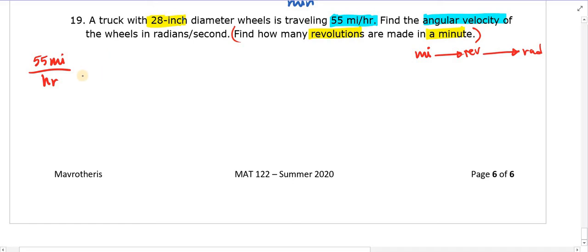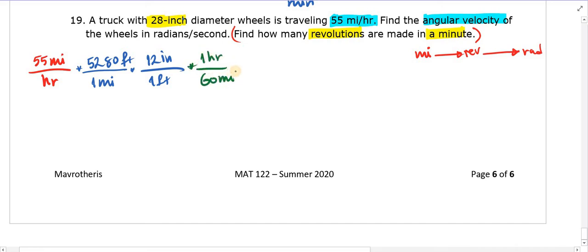So I'm going to convert the miles first. I have 1 mile is 5,280 feet and 1 foot is equal to 12 inches. Then I'm going to convert the hour. I know that 1 hour is 60 minutes.